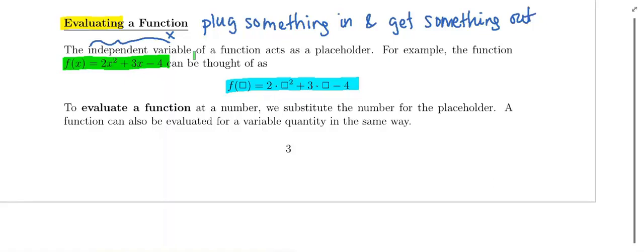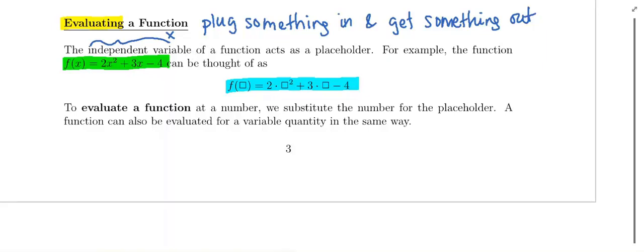But the whole idea is no matter what you're plugging in, whether it's a number or a more complicated expression, wherever x is in the original function, you're going to replace x everywhere you see it with that number or quantity and then simplify.